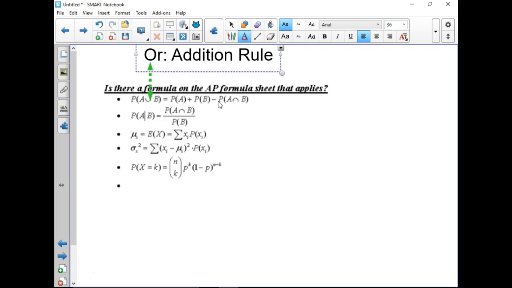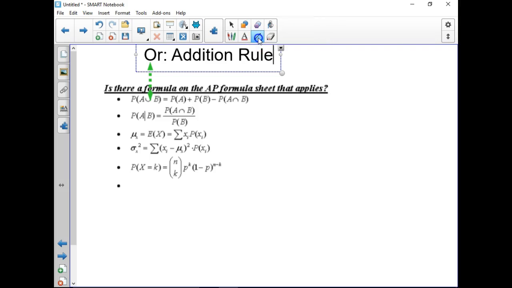If you can, then you are not exclusive. So mutually exclusive means they can't happen at the same time. If they can't happen at the same time, we don't need to worry about this subtraction piece.